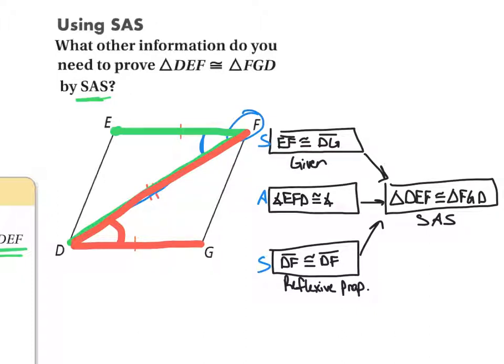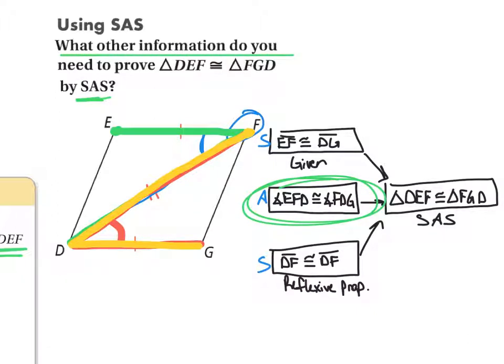And so naming that one, I'll do it here in gold. We start out with FD, G. Remember, the vertex always has to be in the middle of the name. So angle FDG. And so that's what I need. That's the missing piece of information that I have to have. Then we can prove the triangles are congruent by side, angle, side.